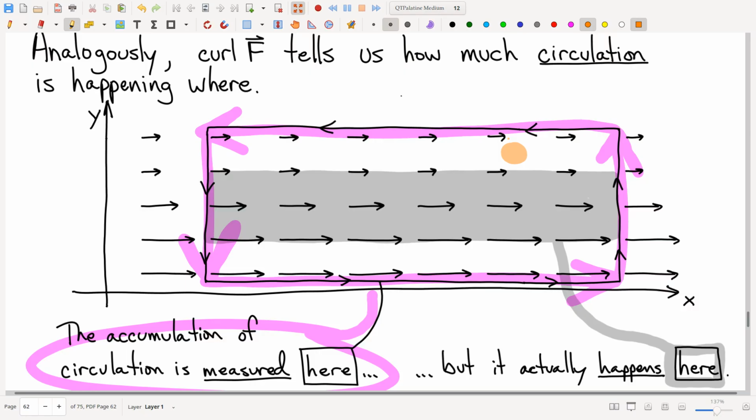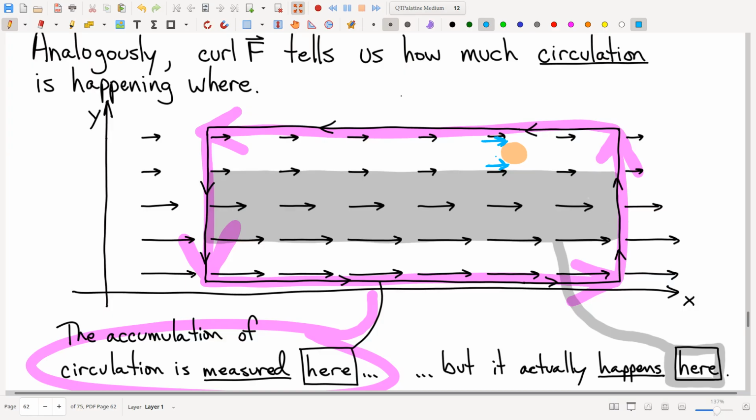And I would point out here that the fluid is pushing on the top side the same amount that it's pushing on the bottom side. And I feel like this leaf wouldn't really be rotating at all to speak of.